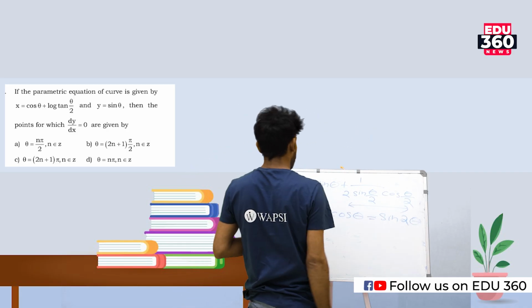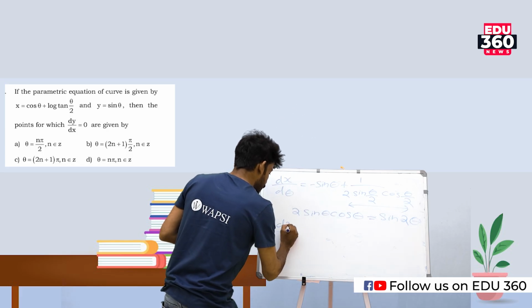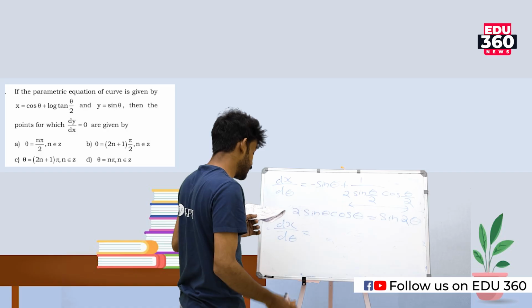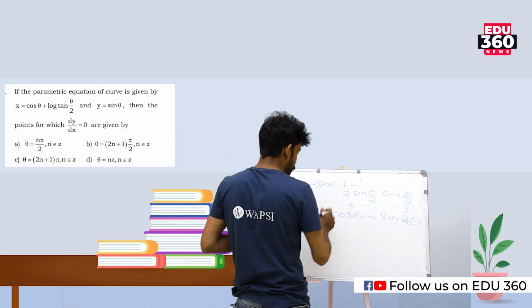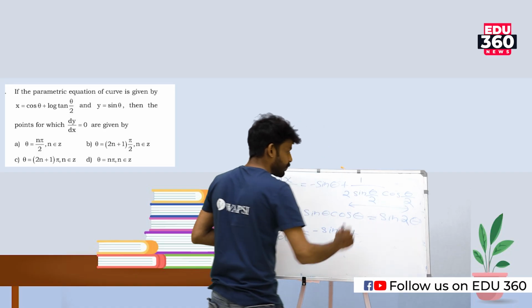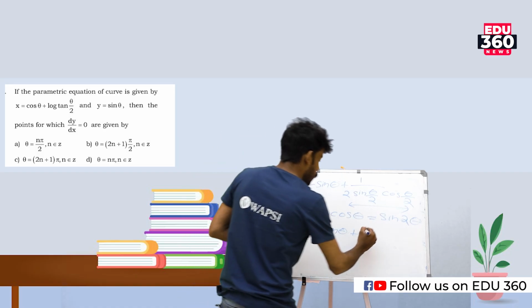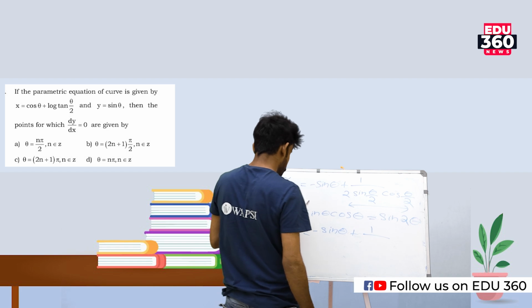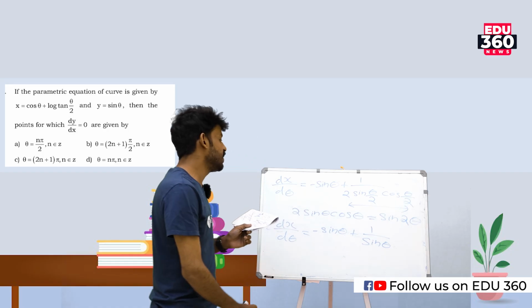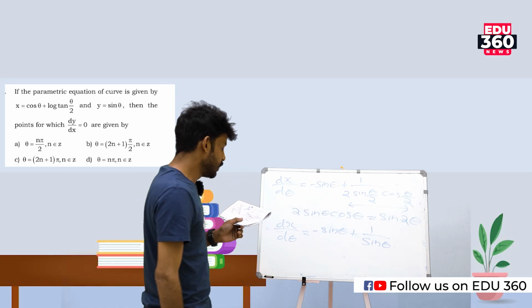So for this one, simply we can write dx by d theta is equal to minus sin theta plus 1 by sin theta.